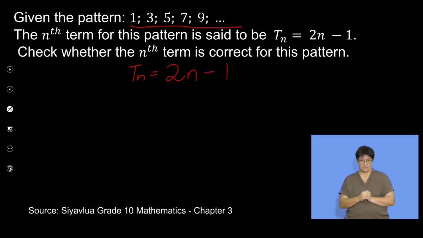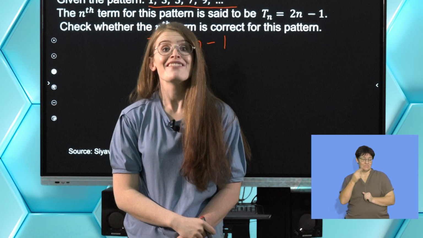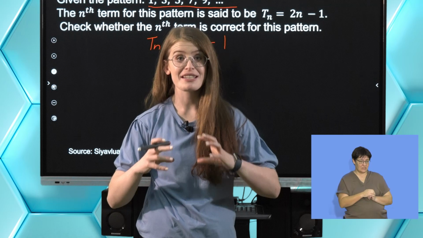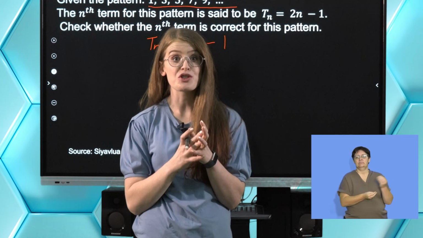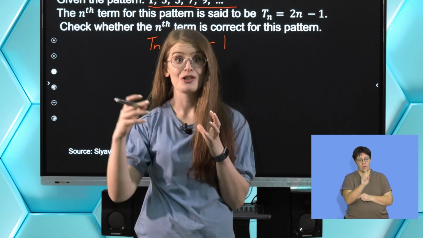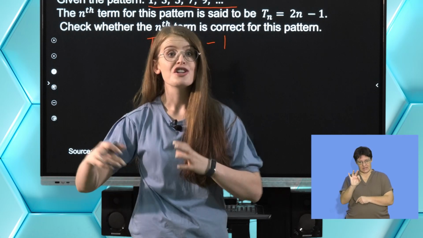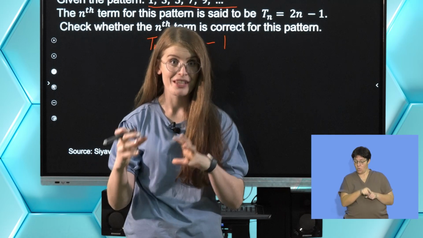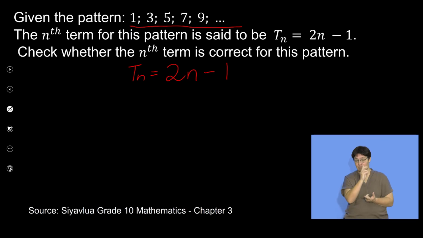In order for me to check if it is in fact the general term for this sequence, I'm going to substitute n is equal to 1, 2, 3 going on to see if the term value matches the term number. So let's see if they match. If I substitute 1, I'm going to have 2 times 1 minus 1, which gives me 1.